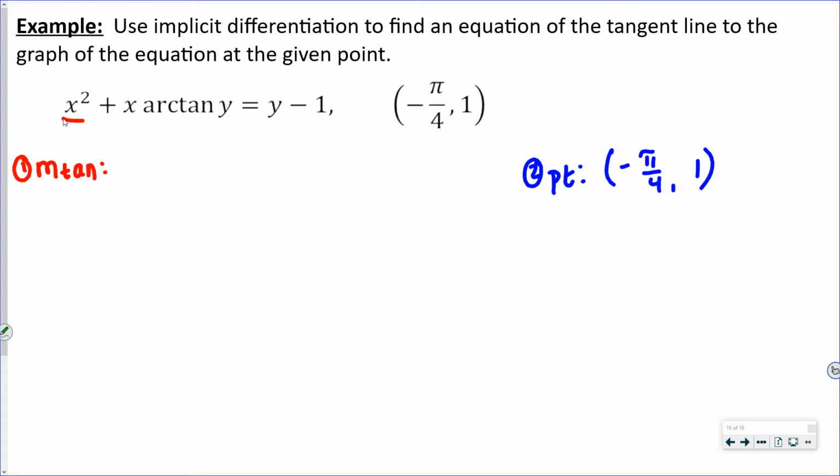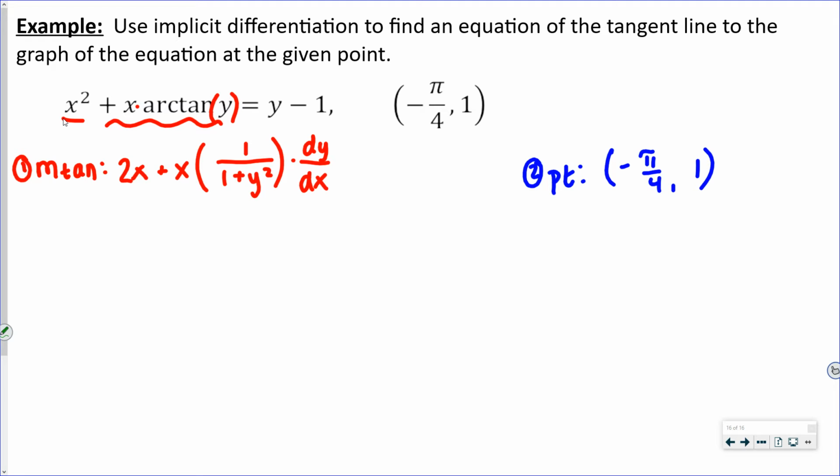First term, just be 2x. Here I have to use product rule. So first factor, x, times the derivative of the inverse tangent of y. Inverse tangent is 1 over 1 plus y squared. Now careful because I have a y here, so y squared. Chain rule, dy dx. Good.